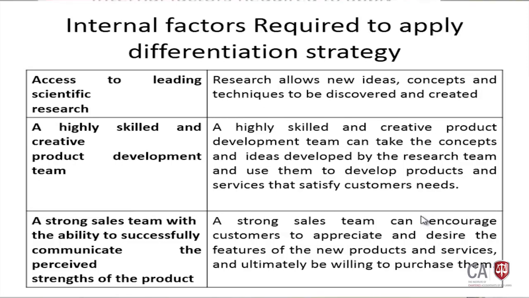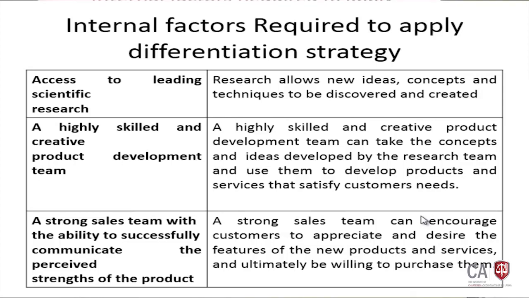Organizations like Apple have huge research units. So many people are working there. Then a highly skilled and creative product development team. You should have a good team for product development. They should be very creative and skillful.